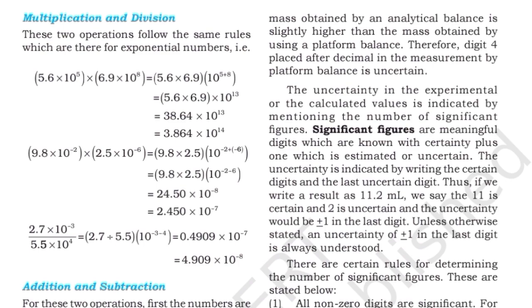Thus, if we write a result as 11.2 ml, we say the 11 is certain and 2 is uncertain, and the uncertainty would be plus or minus 1 in the last digit. Unless otherwise stated, an uncertainty of plus or minus 1 in the last digit is always understood.